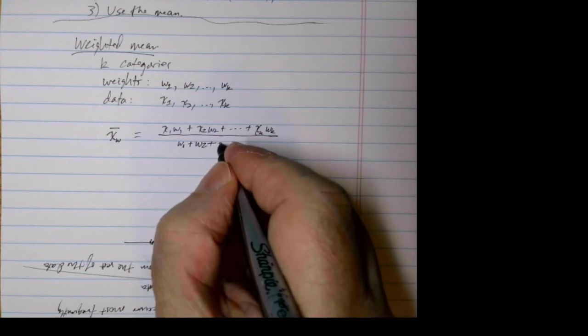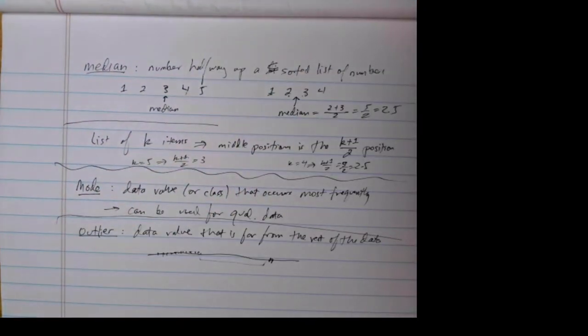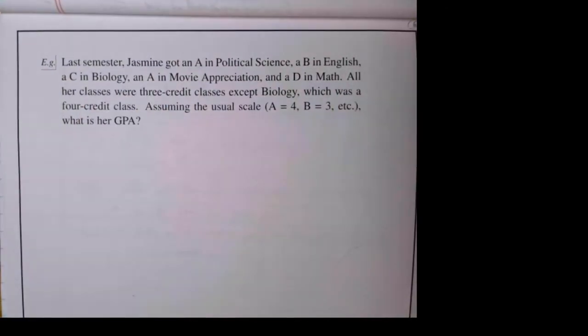So you would have w1 plus w2, and so forth up to wk in the denominator. As I said, this is not a general formula you have to remember, because the only application we're going to make of it directly is to compute GPAs, but that you will have to do.